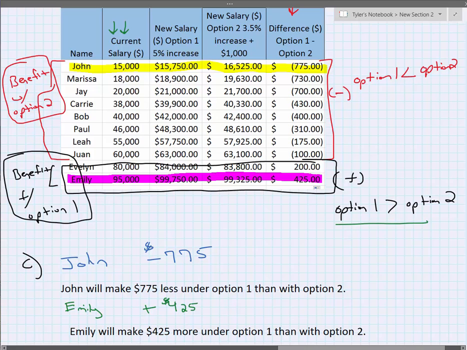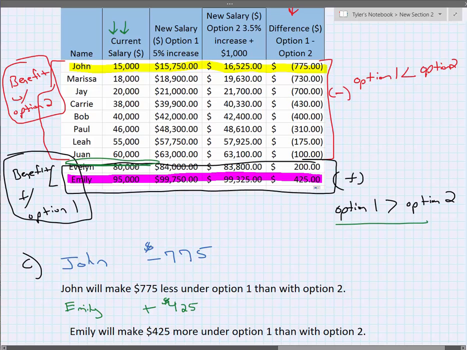Then between $60,000 and $80,000 there's a switch where suddenly the option 1 increase benefits us, and we get more money from that option.